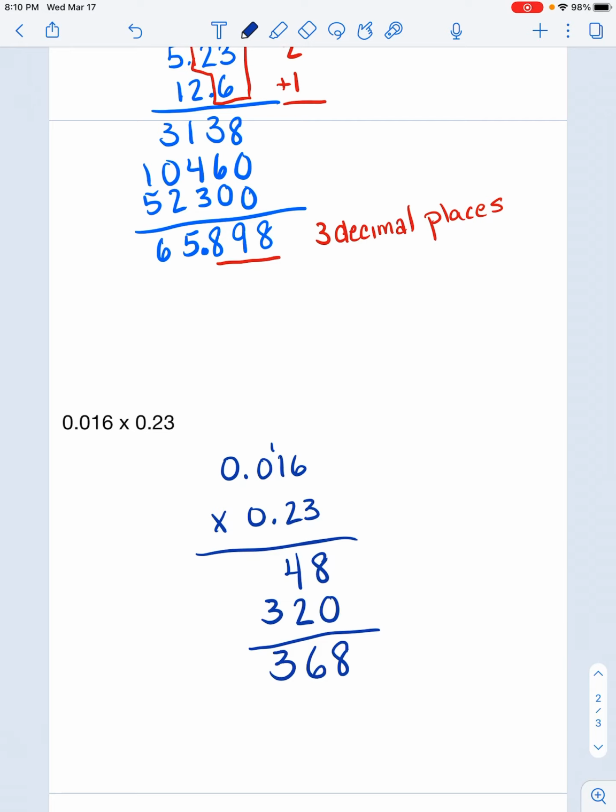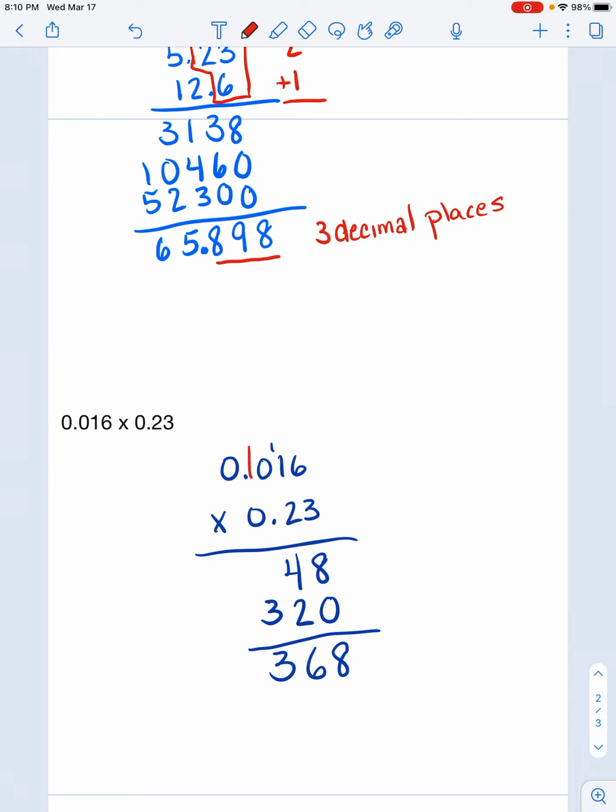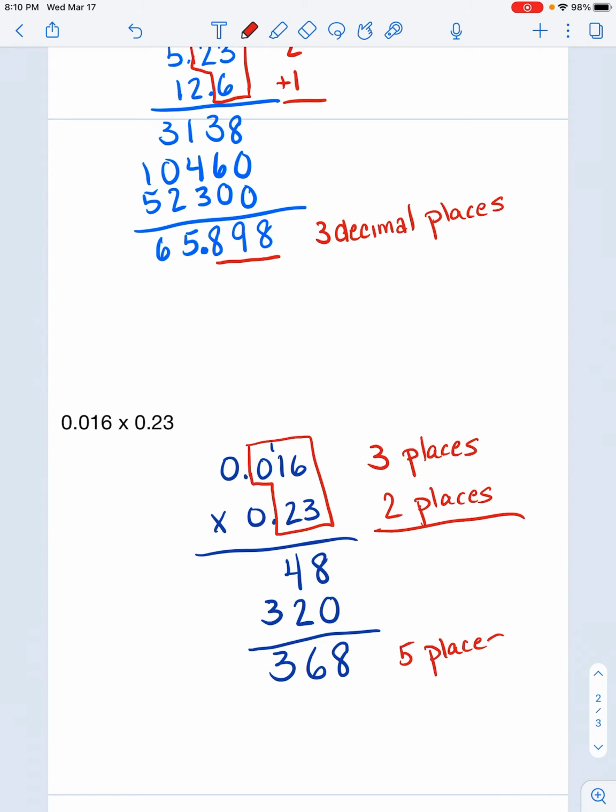So now, what do I do? I have no estimate to compare it to, but I can use my trick that I did in the last problem, and I'm going to add the number of places to the right of the decimal point. This has 3 places. This has 2 places. And so my answer should have 5 places to the right of the decimal point.